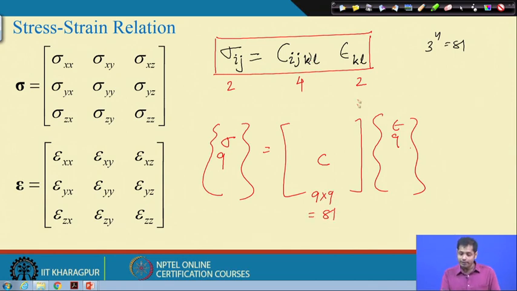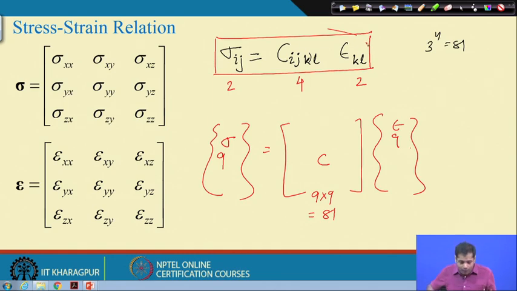So whether you do it in tensorial notation or this form, essentially you are doing the same exercise, but this is more general, and we will try to stick to this representation.